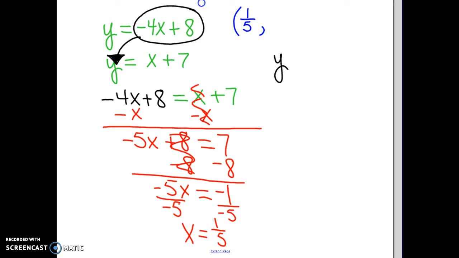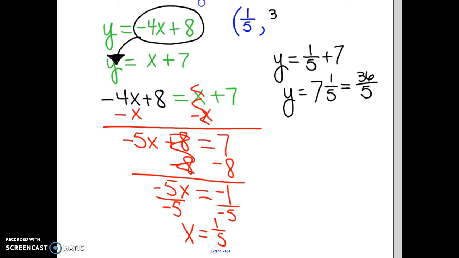So y is equal to x, but x is 1/5, plus 7. So y is equal to 7 and 1/5. In fraction form, as an improper fraction, that would be equal to 36 over 5. And I have my solution to this system of equations.